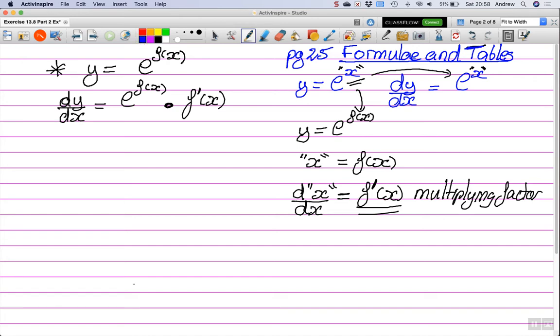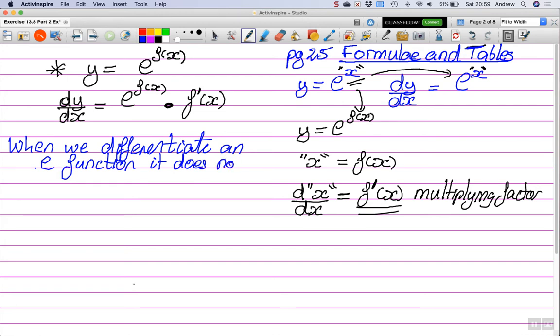Here we go. When we differentiate an e function, it does not change.